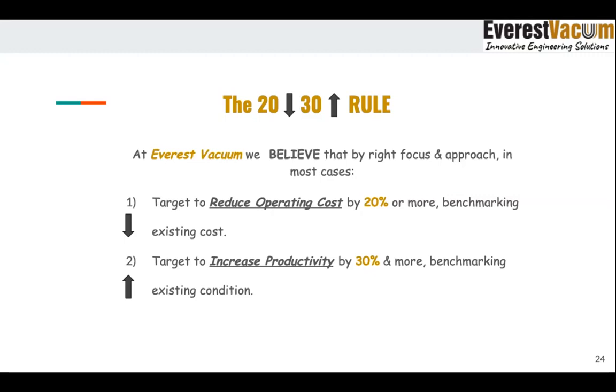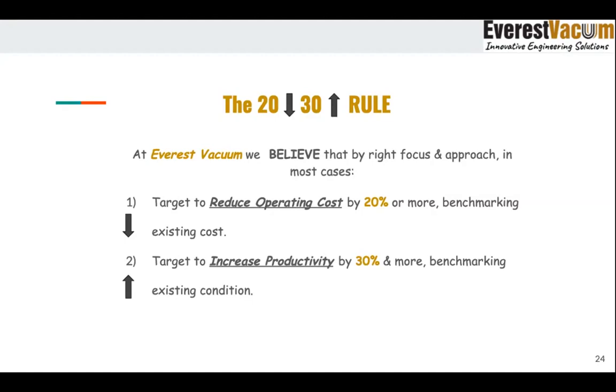So at Everest, we believe that by right focus and approach, in most cases, a customer should target to reduce his operating cost by 20% or more, benchmarking existing cost, and target to increase his productivity by 30% or more by benchmarking existing conditions.